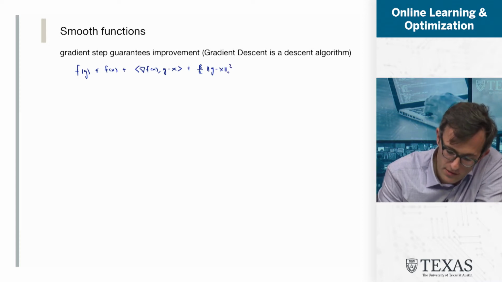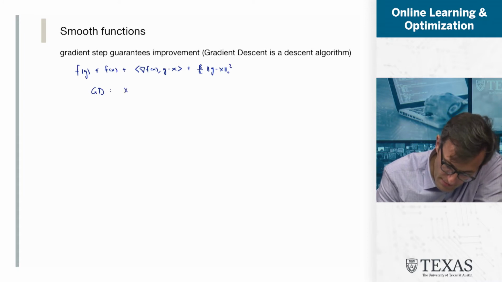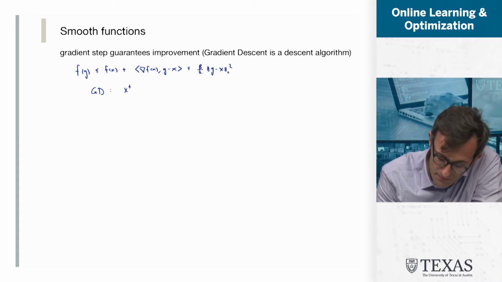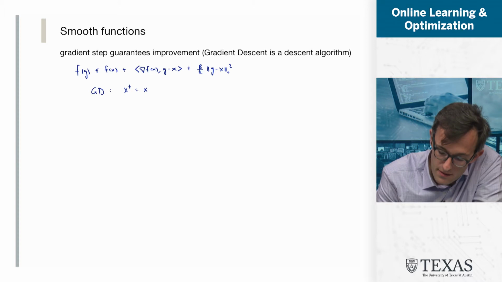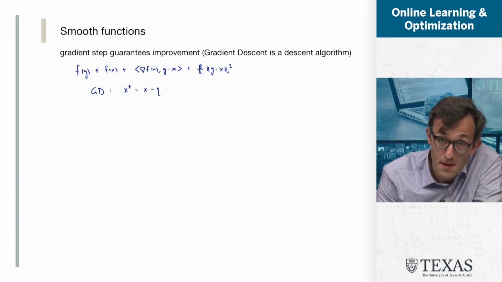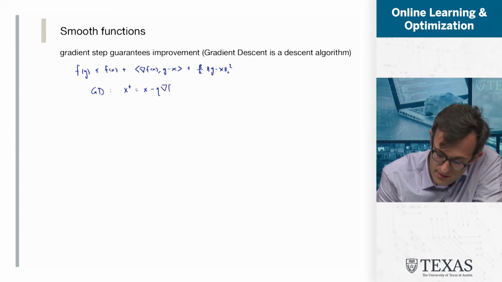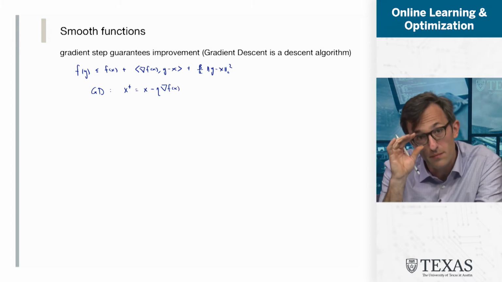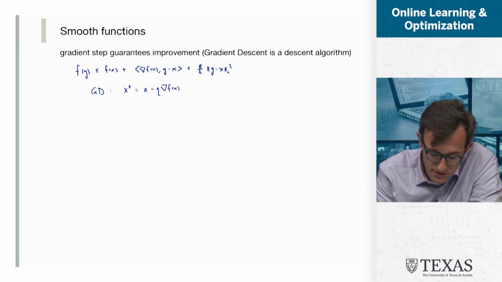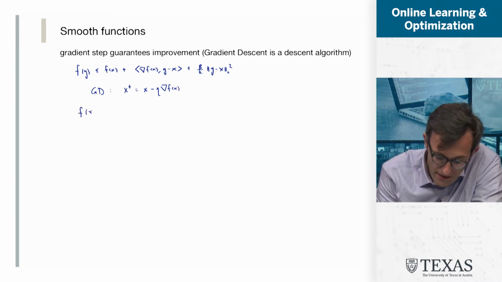What does gradient descent do? The gradient descent algorithm tells me that my update, x plus, is equal to x minus a step size times my gradient. So let's see what is the value of f of x plus.